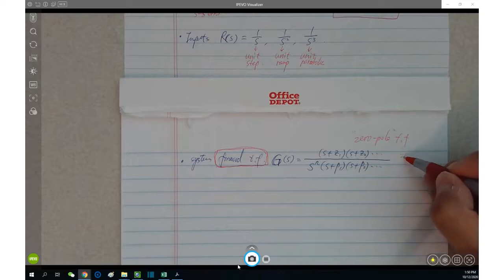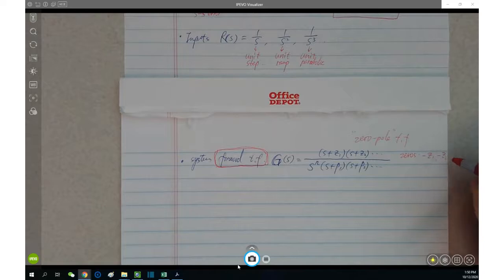Anyway, zeros are negative Z1, negative Z2. Very good. All of you realize it's negative, not positive. So who are the poles here? Negative P1, negative P2, and so on, right? So this is the so-called zero-pole format.